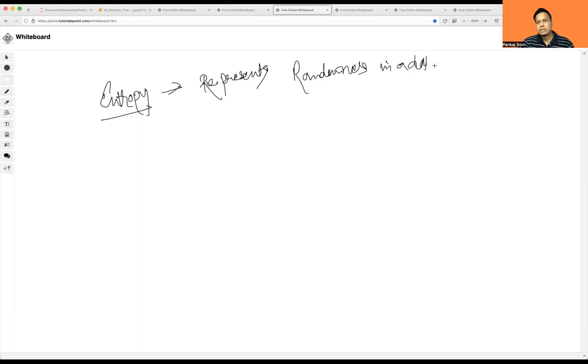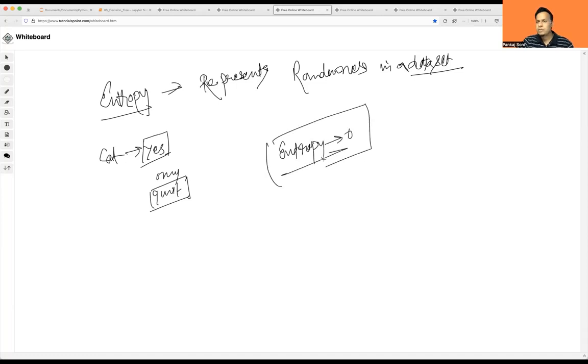Let's say you have only one category that has only yes, or maybe only quit, based on my previous example. Only quit data. If only one category is there, it means there is no randomness. It is pure node or pure data, so there is no entropy. In this case, entropy will be 0, because it is pure. Correct. Now we have something called a mix of categories.